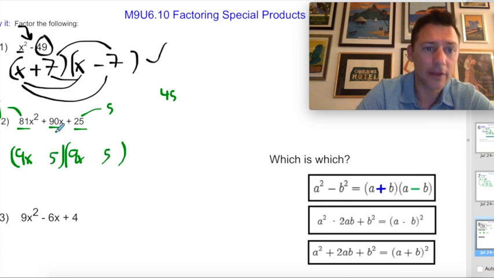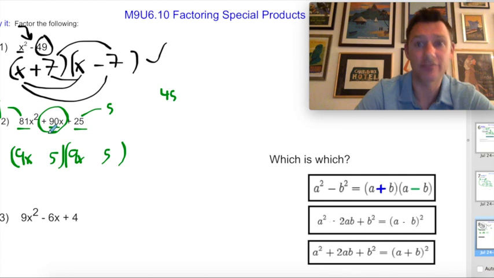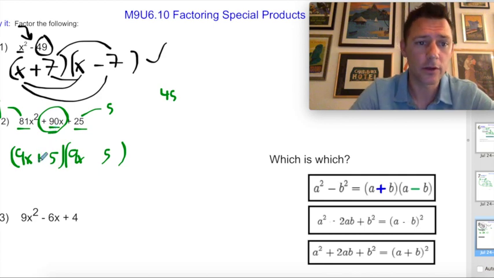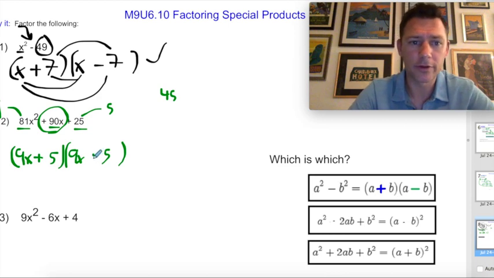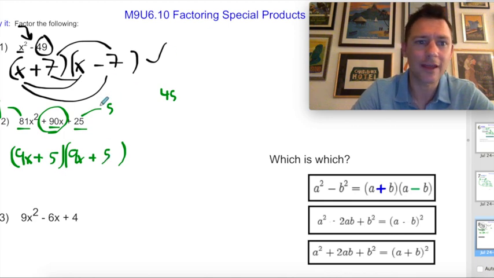There's no canceling out. We have this middle term, this obnoxious middle term. So they're not canceling out. If there were opposite signs, there'd be no middle term. But there's 2 times 45 there. So it's got to be 2 pluses. And we can check that by this. You can say this is 81x squared. Yay. This is 25. Also yay.